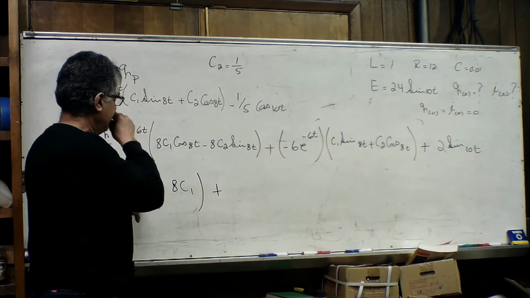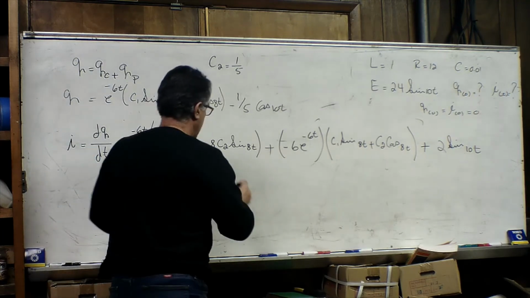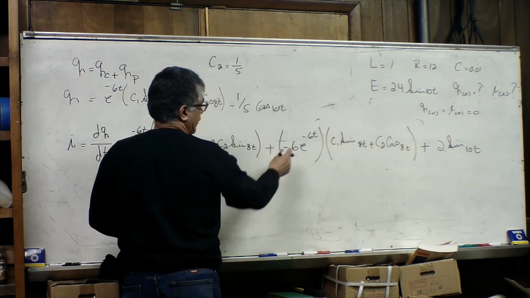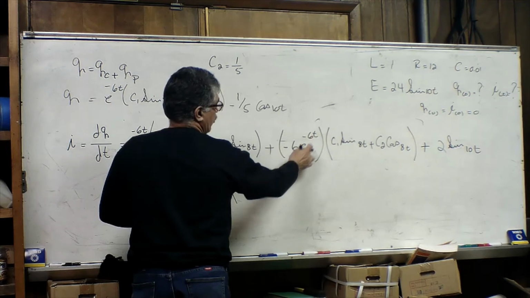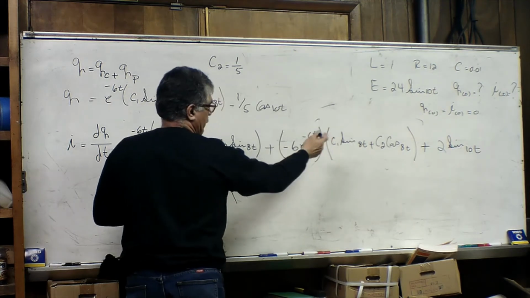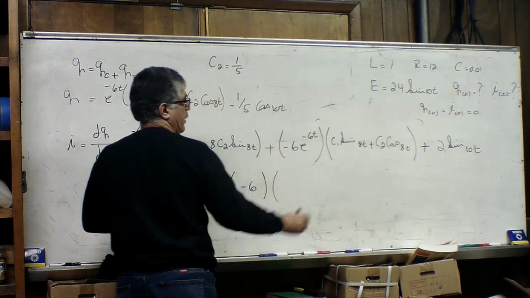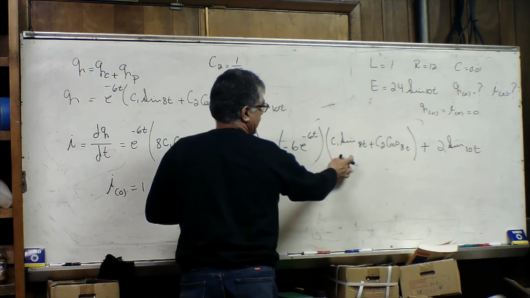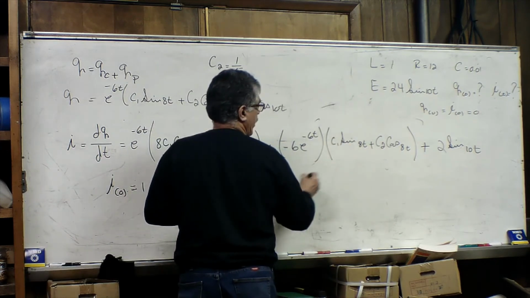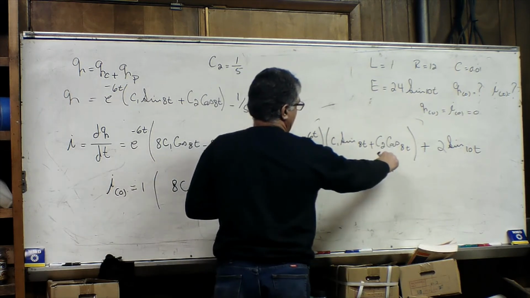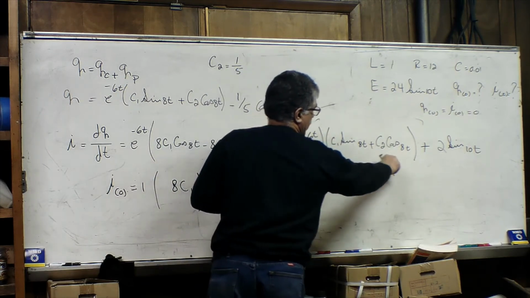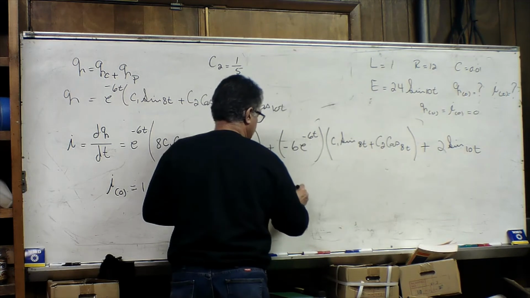plus at time 0, e to power 0 will be 1, so we have minus 6 multiplied by this portion, which will be 0, multiplied by cosine of 0, which is 1, so it will be C2.